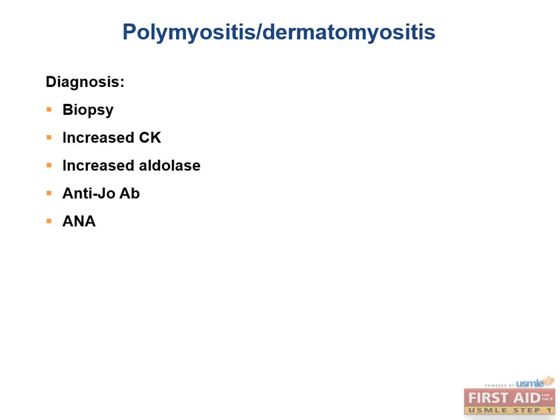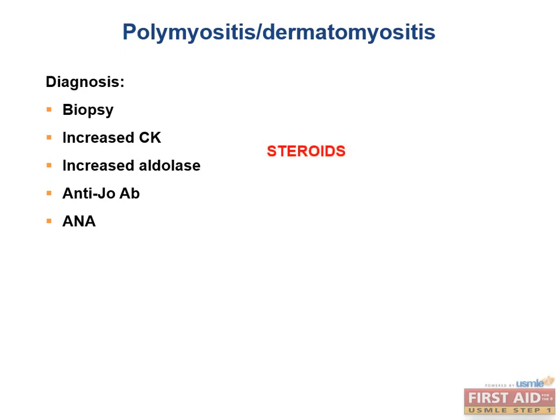As we've discussed, you can make these diagnoses with biopsy, but usually the best confirmatory evidence is actually done by laboratory testing, often with increased CK and aldolase, as well as a positive anti-Jo1 antibody. ANA can also be positive in these patients, as this is one of the many diseases, aside from lupus, that can have a positive ANA.